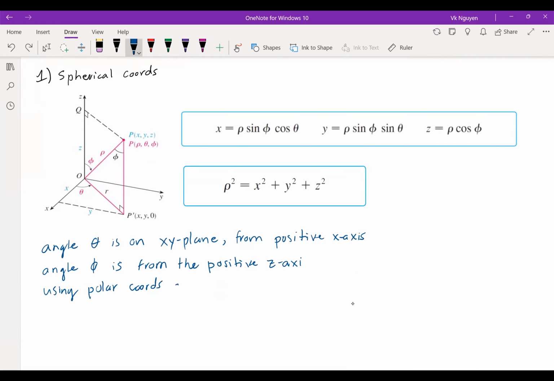On the xy plane, x equals r cosine theta, y is equal to r sine theta. This is the phi, and then the p right there, it is not p though, they call it rho.